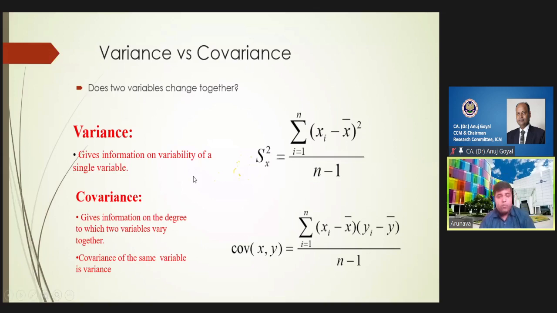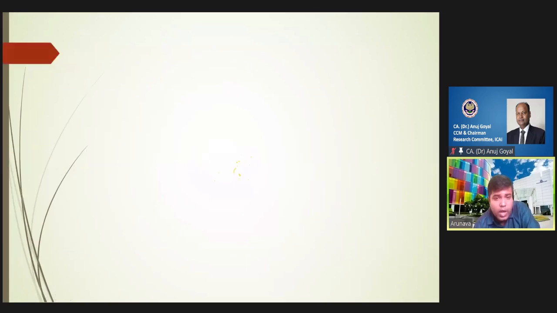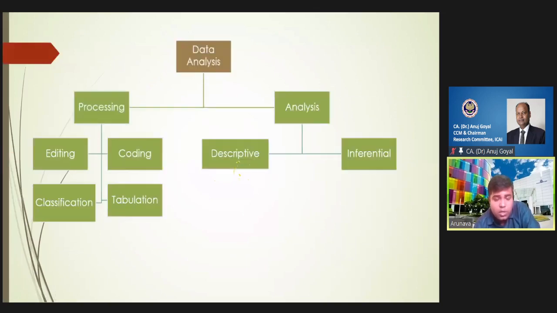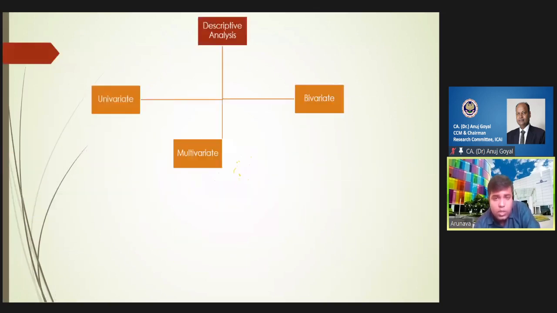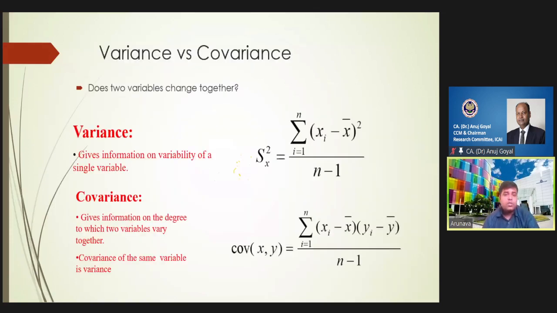Right. So someone already said that the measure of dispersion, right? The measure of dispersion is a variance or standard deviation, right? So using this variance, we have a lot of analysis to be done, because this variance is very much important, right? So the question here is, in a bivariate setup, do two variables change together?